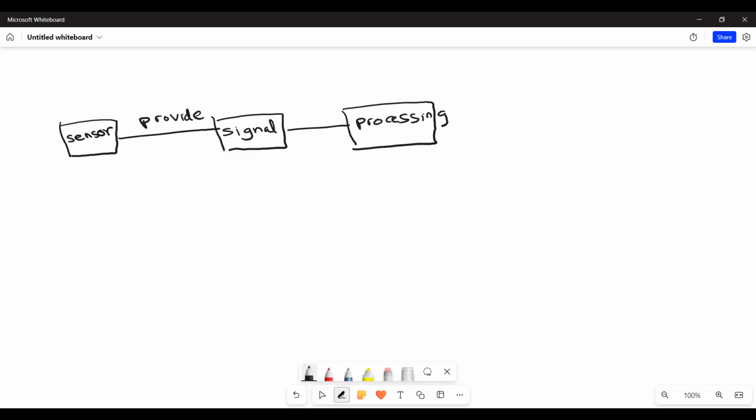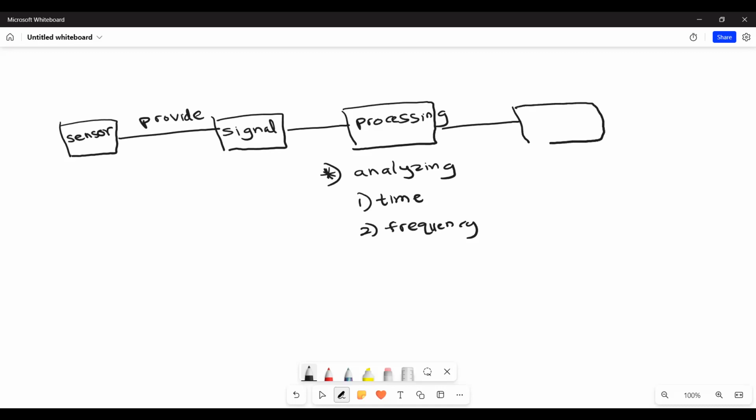We will basically analyze that signal that we receive in the time domain or in the frequency domain. After analyzing, we can make some estimates regarding the data that we have received. In that stage, we are calling that inference and estimation.